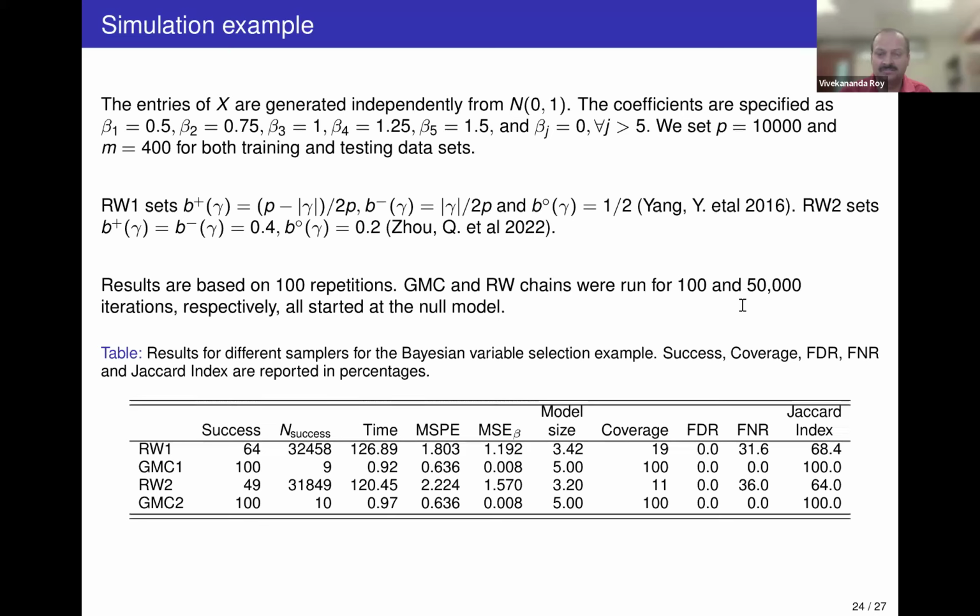Geometric methods did it 100% of the time, but not, as you can see, random walks suffer. And the Jaccard index, which is the intersection of the median model and the true model versus the union, we have 100%. Because we find the true model every time, and only the true model.